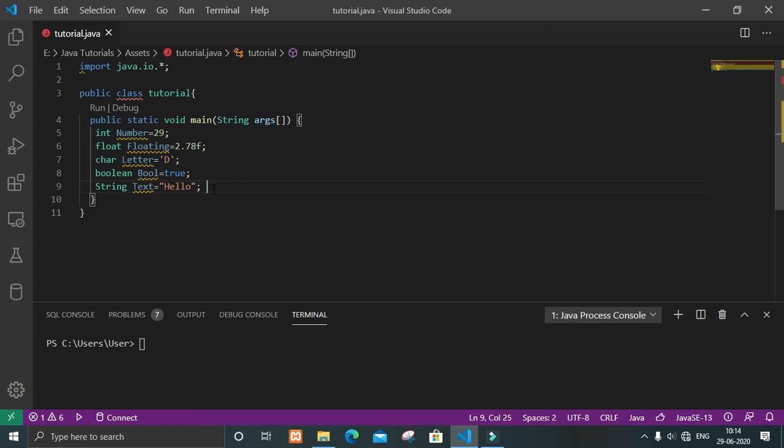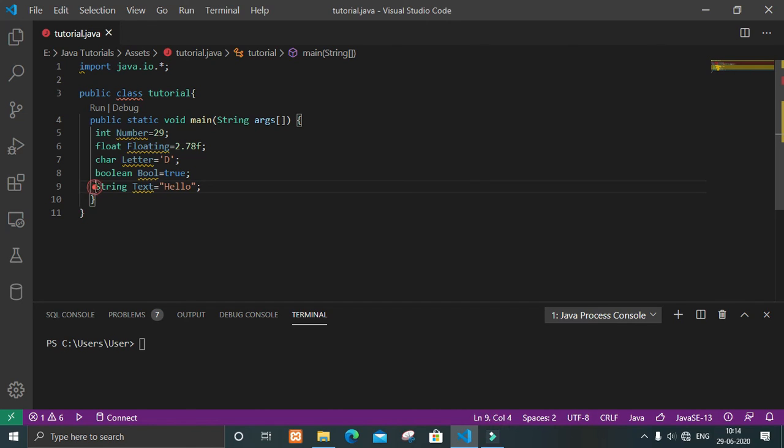First group is known as primitive data types, which includes byte, short, int, long, float, double, boolean, and char. And non-primitive data types are such as string, array, classes, and you will learn about these in our future videos.